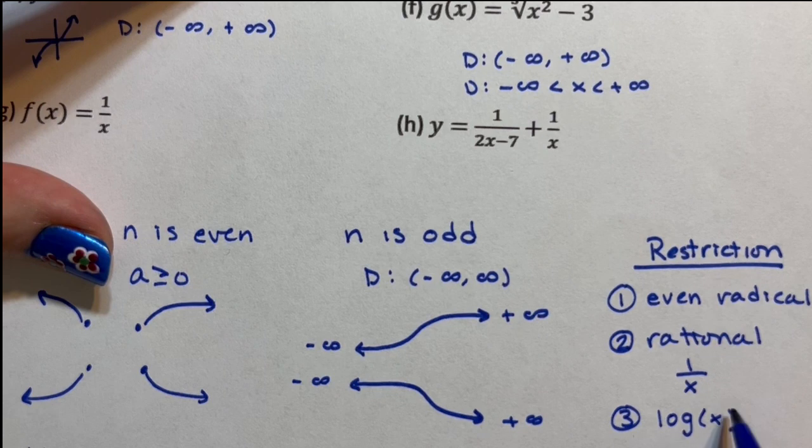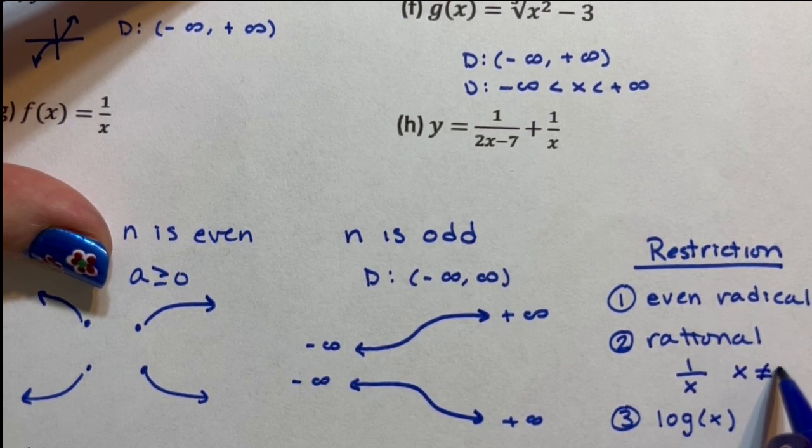For that one, the argument has to be greater than 0. This one, x cannot equal 0.